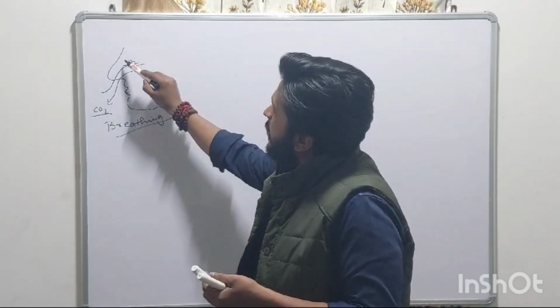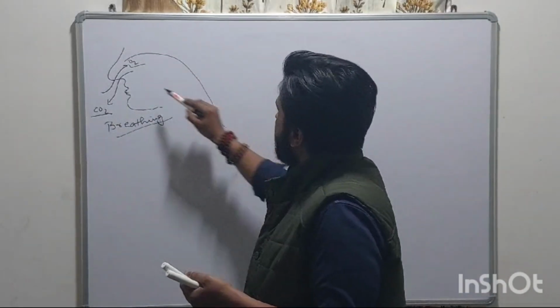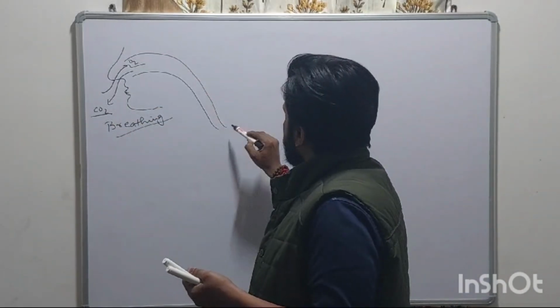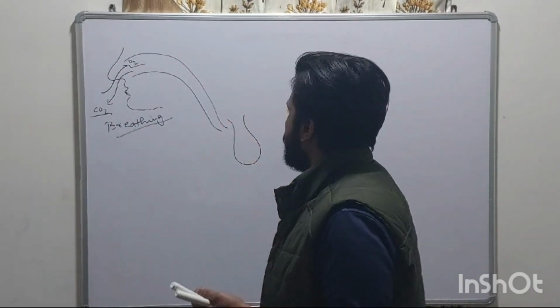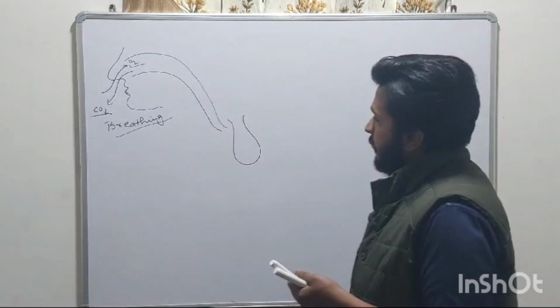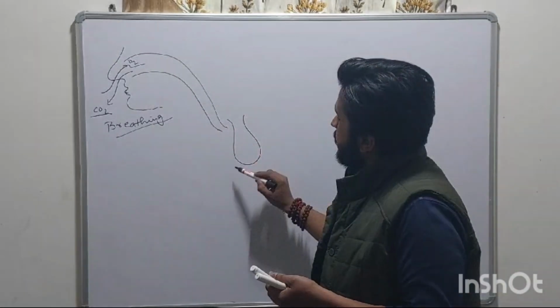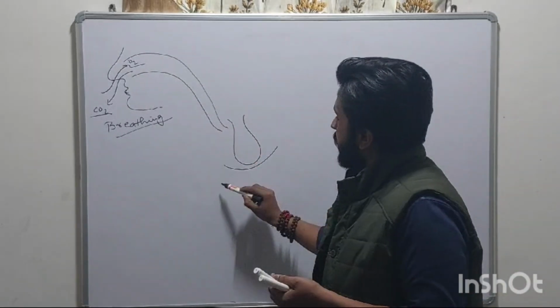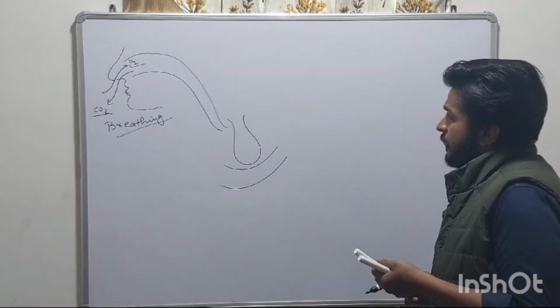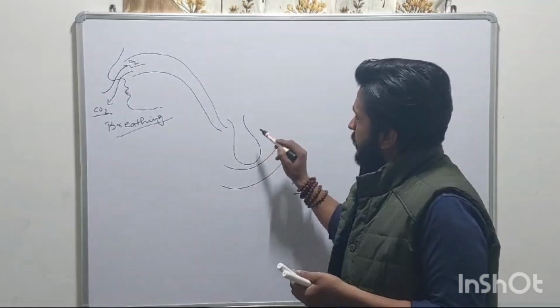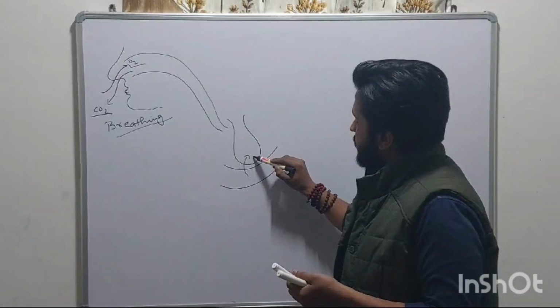Then the inhaled gases are transported to the next part, that is the alveoli, where the alveoli receive the O2 from the atmosphere and CO2 from the internal part of the body. In this part, the exchange of gases takes place.